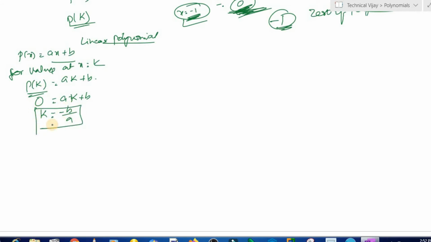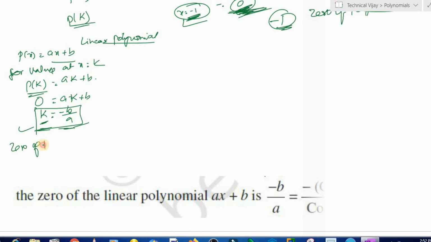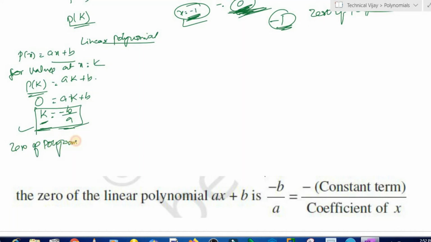This is the formula to find the zero of a polynomial. So from this it is noted that the zero of a polynomial is equal to minus the constant term divided by the coefficient of x. This is the general formula.